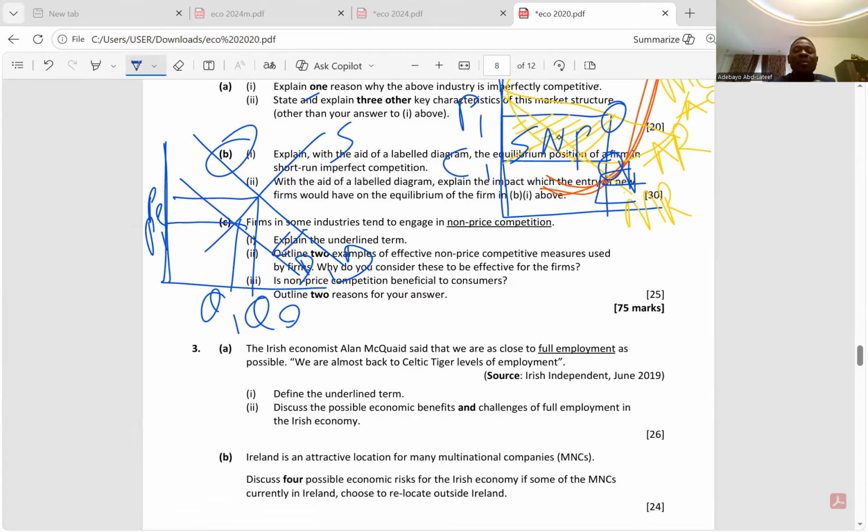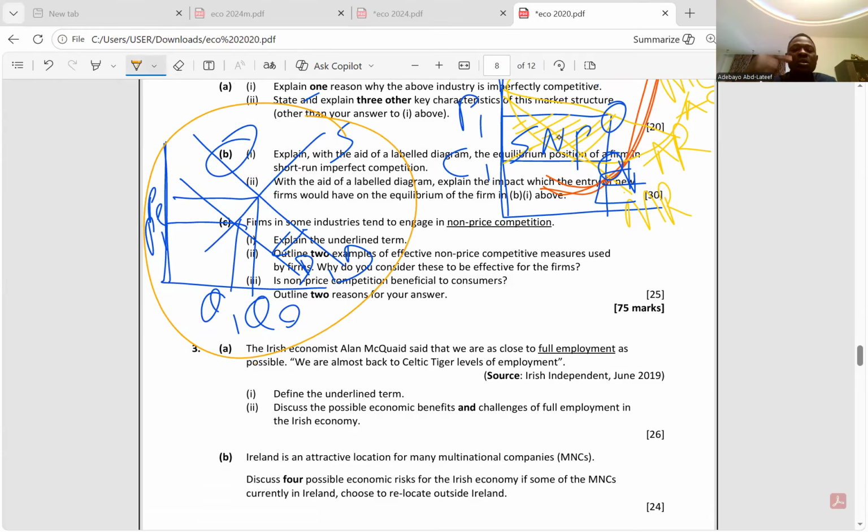So as soon as the supernormal profit is becoming normal profit, based on this situation, we're going to have a new graph representing the situation that brings about normal profit. So this is going to be the new graph for normal profit.